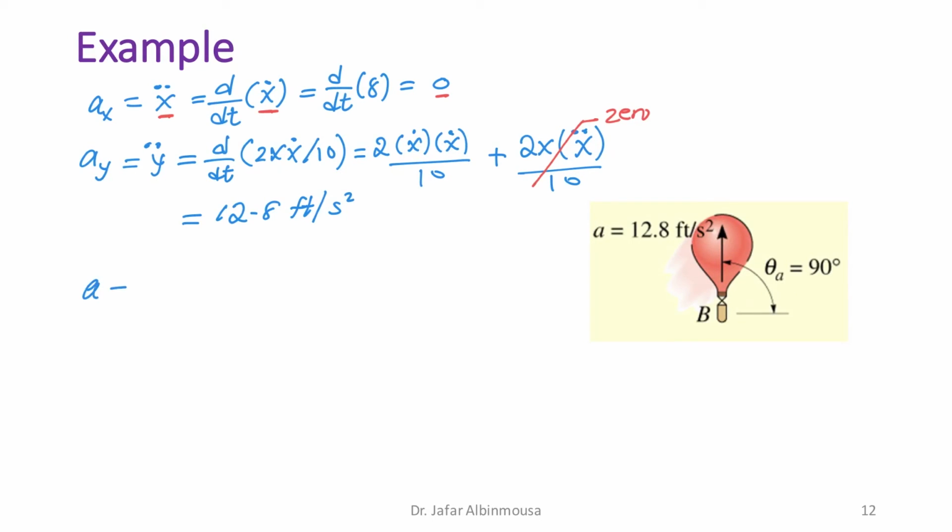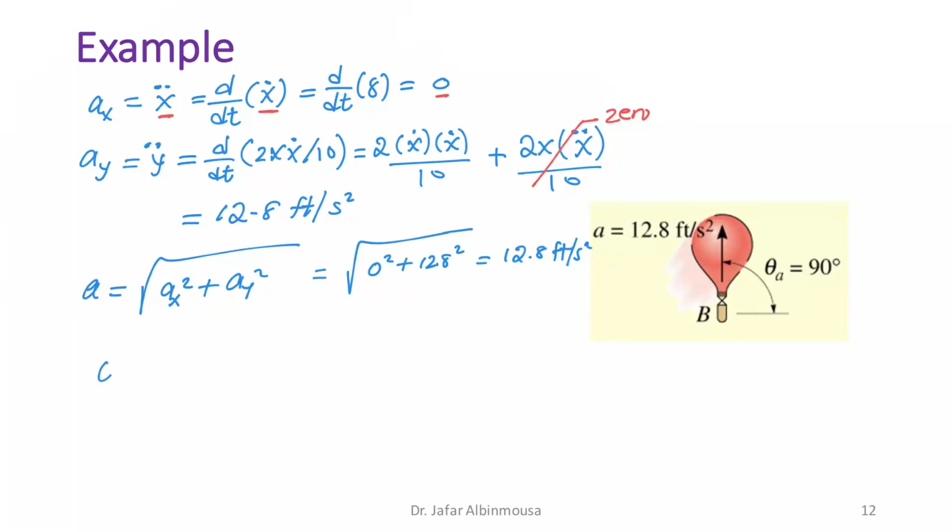Now to calculate the magnitude, we square the two components under the square root. We got ax squared plus ay squared, which is equal to 0 squared plus 12.8 squared. And this is going to give you 12.8 feet per second squared.